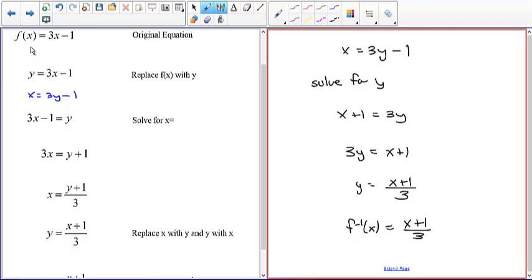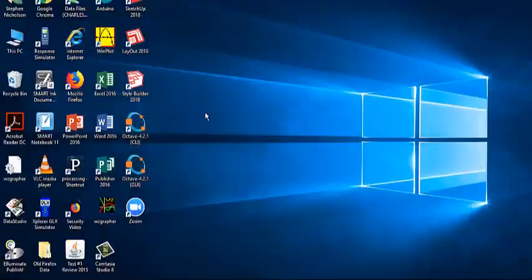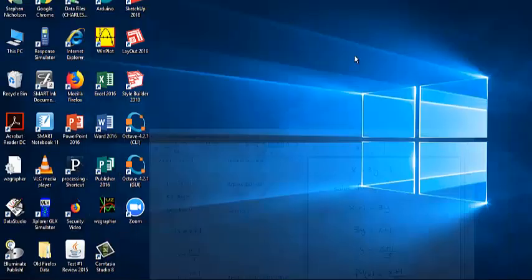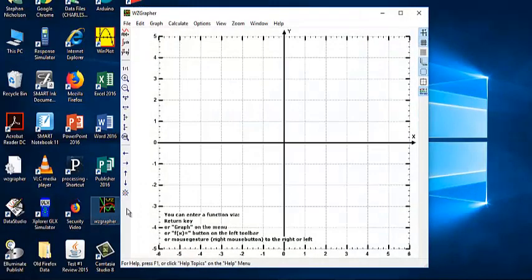So if we plot these two functions, let me get the graphing program up. Okay, let's try it again. There we go.